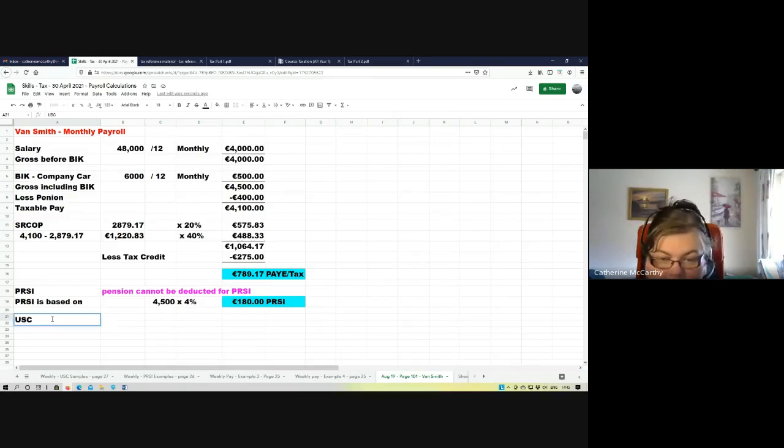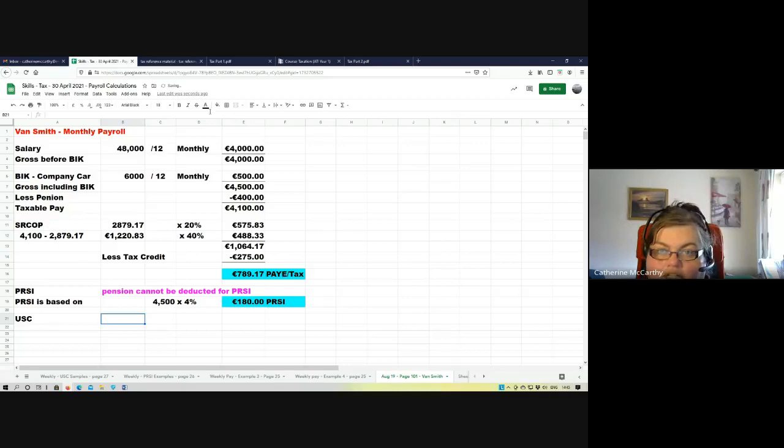So our USC then, again, pension cannot be deducted for USC.